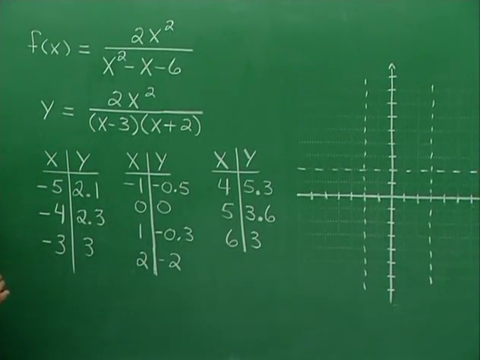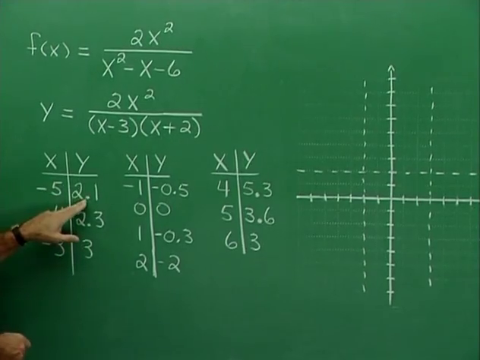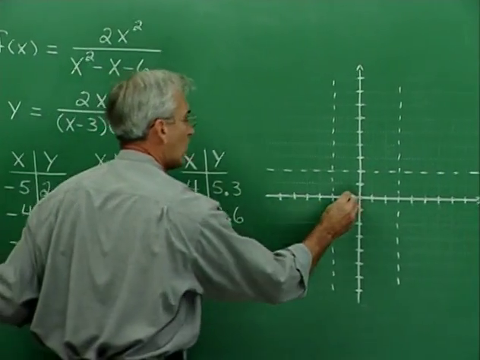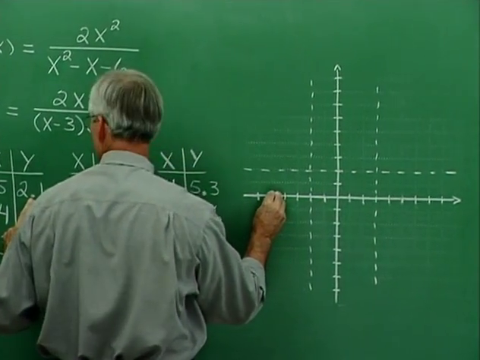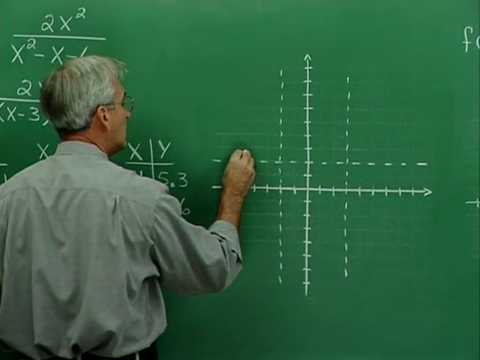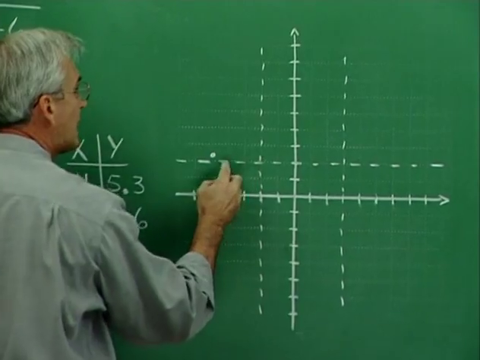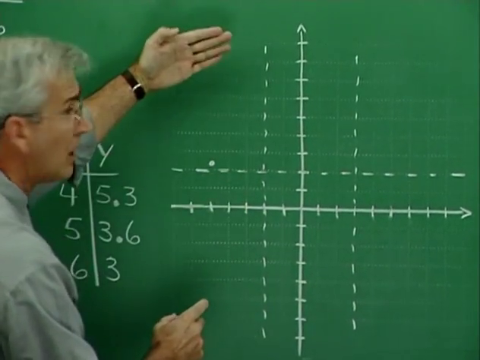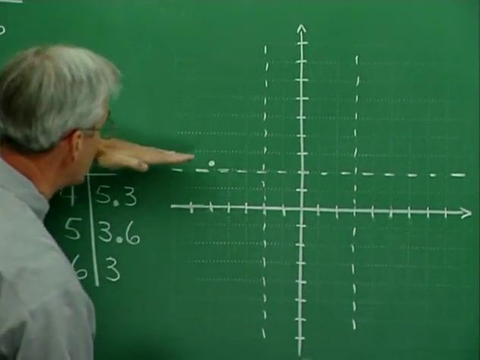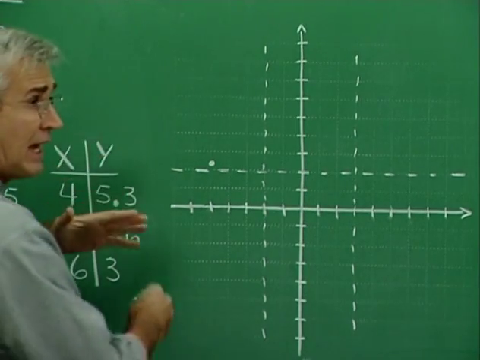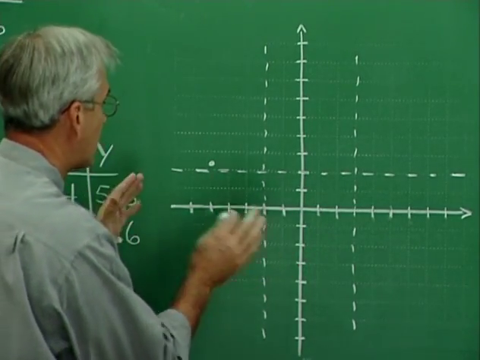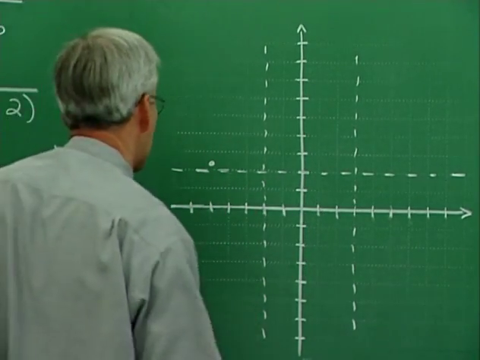Let's see what happens as we plot these points. -5 goes to 2.1, and immediately we are discovering that the graph in this region is going to be above that horizontal asymptote. So it's going to take a curve like this, and it's just a matter of where the curve takes place. That's all we're discovering here by plotting these points.